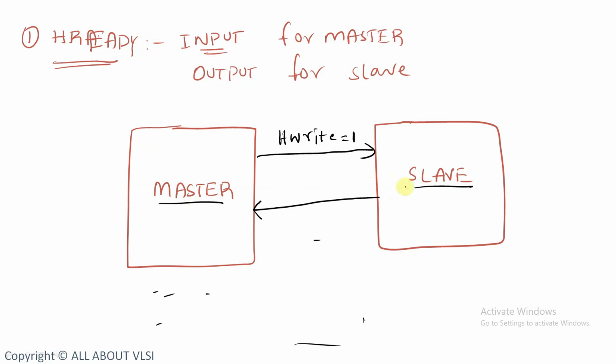That is, the master is reading the data from the slave. So depending upon the value of HWrite, we check whether it is a write operation or a read operation.